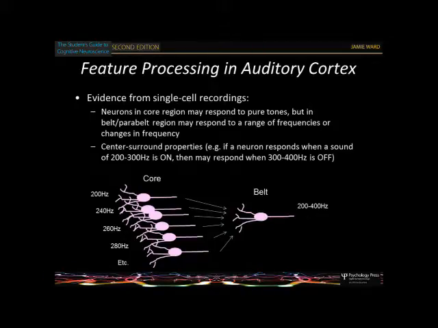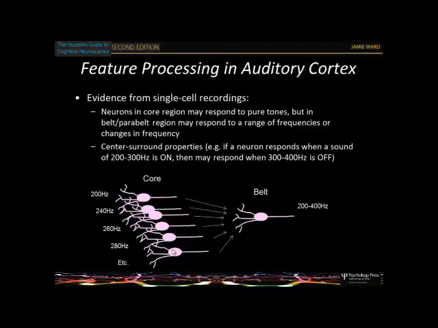So how does that happen? Well, the way it happens is thinking about this in terms of hierarchies, just as we had in vision, that you've got these point-like representations, and then you create edges by adding the different points up along the edge, and this is how you make bars and edges in your visual cortex. So here in your early region, your core, you might have a neuron that responds to 200 hertz, another to 240, another to 260, and so on.